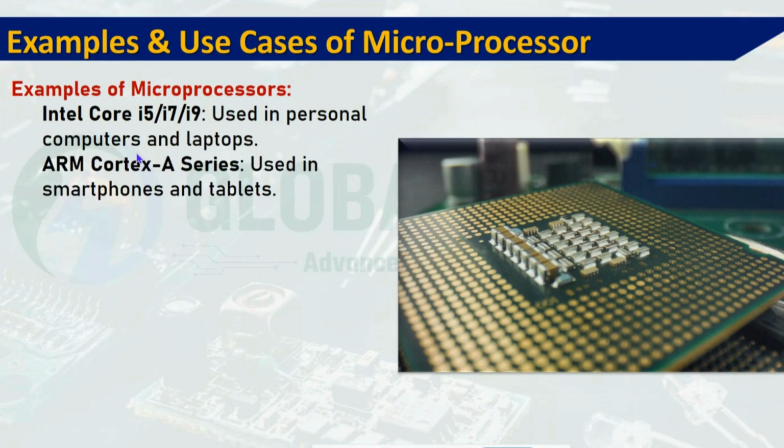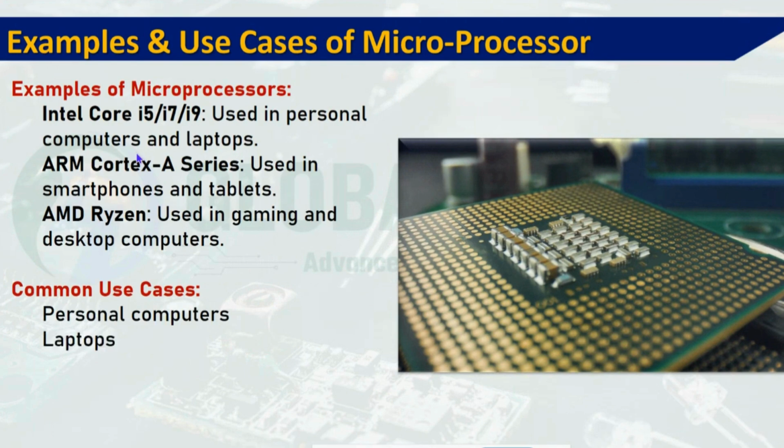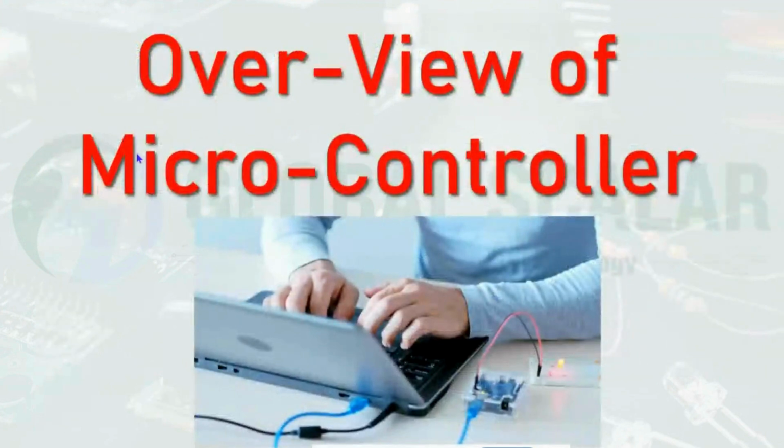We also have the ARM Cortex-A series, used in smartphones and tablets, and AMD, used in gaming and desktop computers. Common use cases are personal computers, laptops, mobile devices, gaming consoles, and some high-end servers. These are all part of the microprocessor.